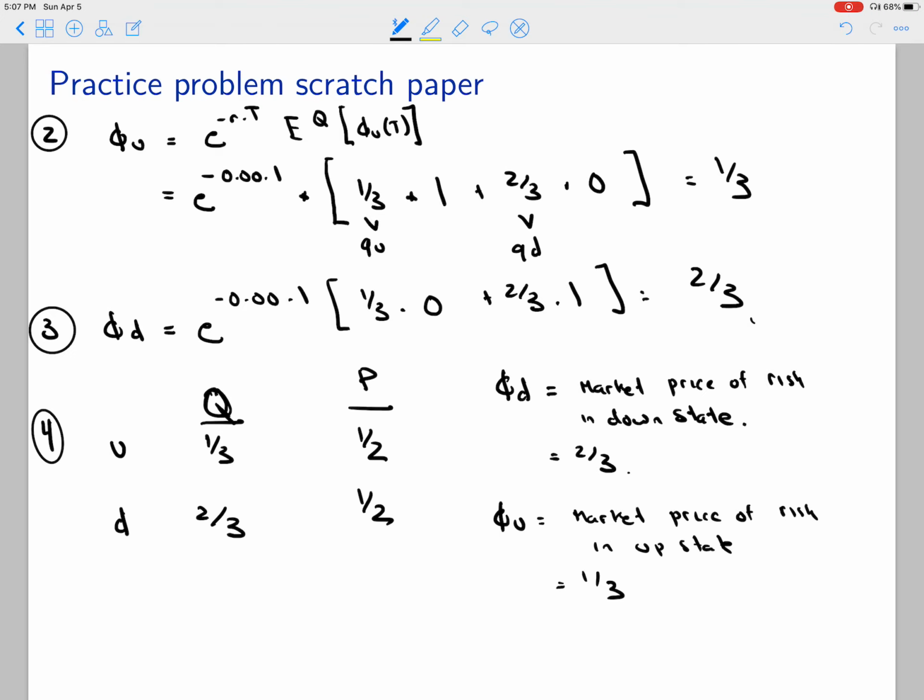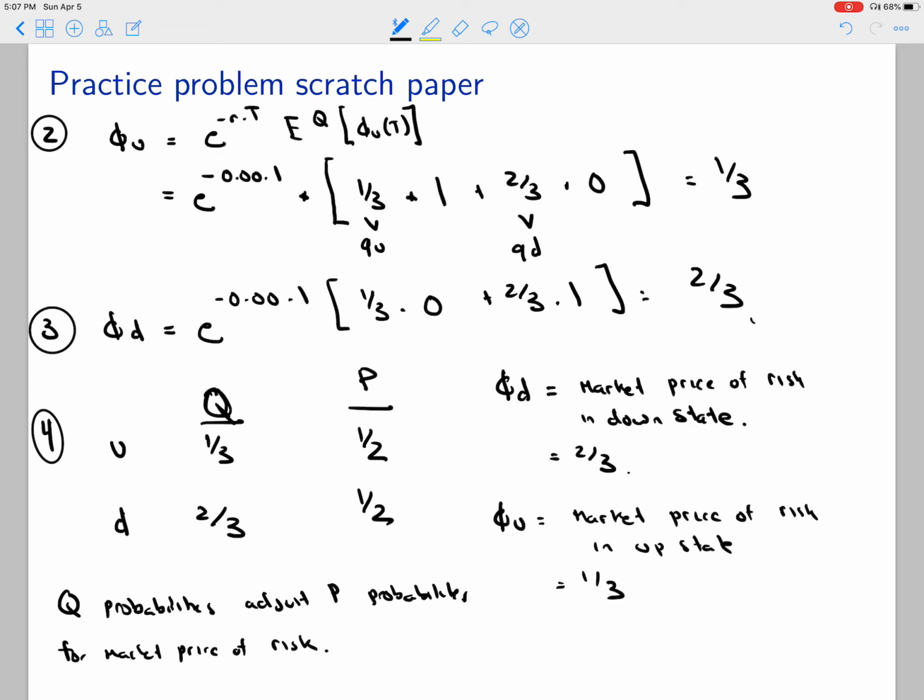Okay, the risk neutral probabilities, the Q probabilities, adjust the P probabilities for the market price of risk.